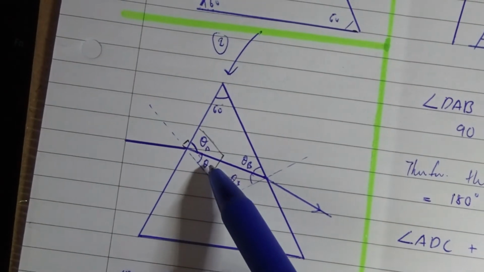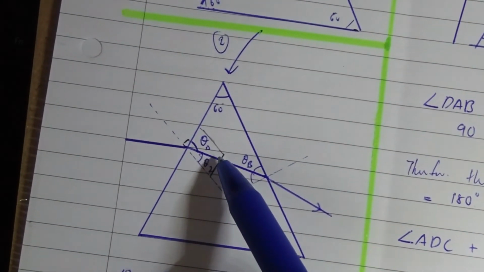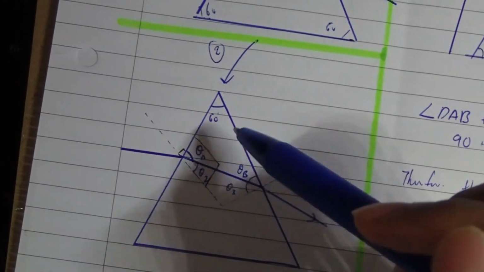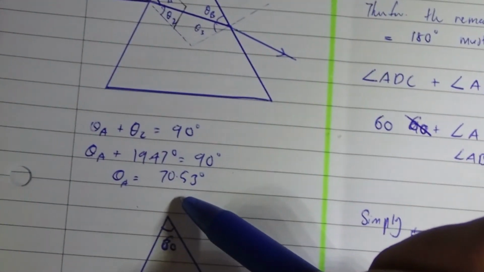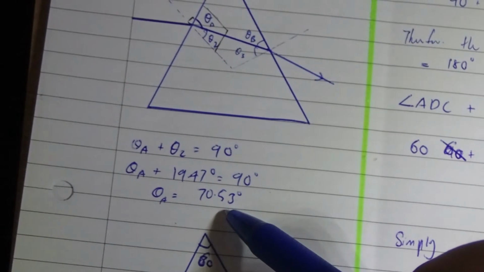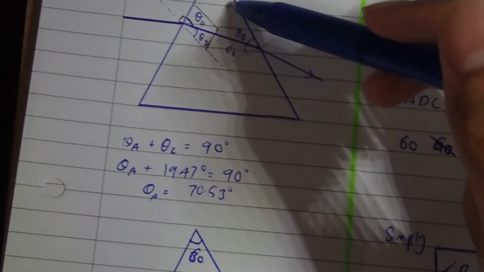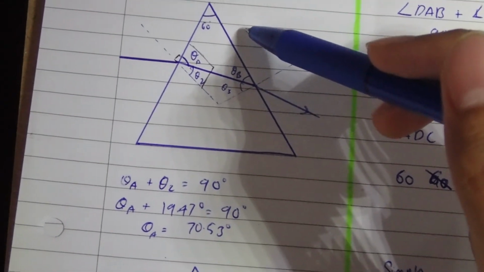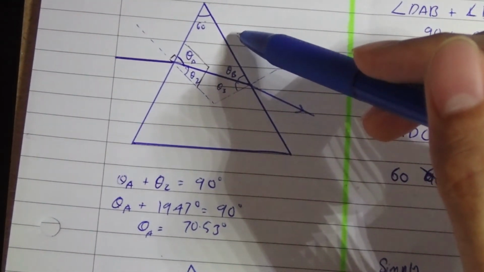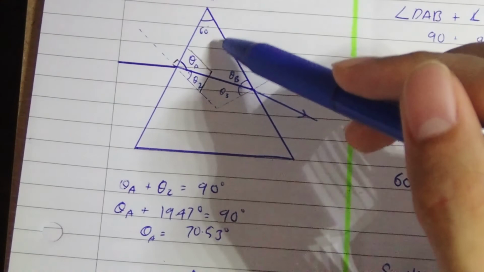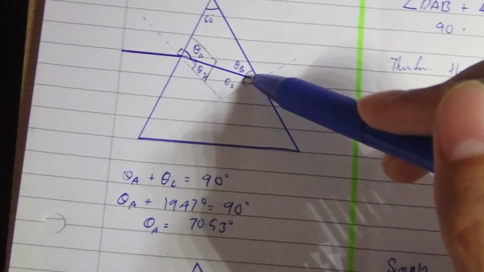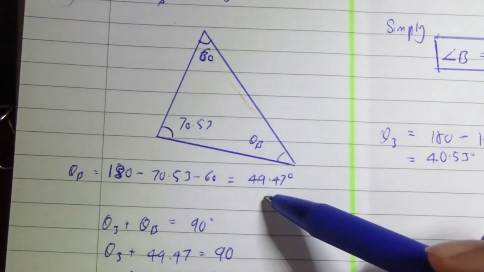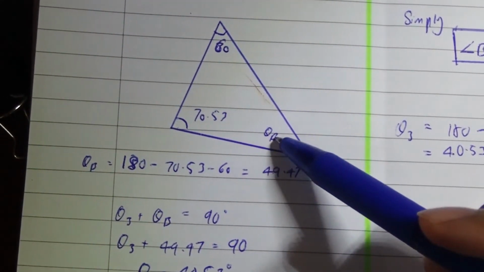So we already know the angle of theta 2. Therefore 90 degree minus theta 2 will give us theta A, which is 70.53 degree. As I said previously, the angles inside a triangle sum to 180 degree. Therefore 180 degree minus 60 degree and minus theta A will give us theta B. So this will give us 49.47 degree for theta B.